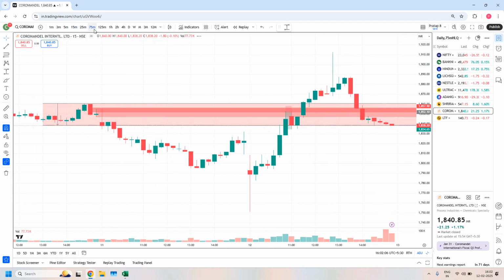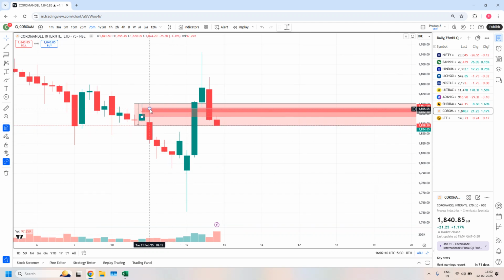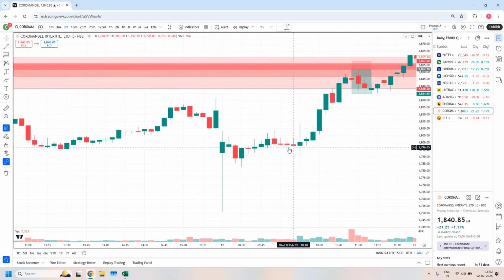Sorry, 15 minutes, 75. See, this entire 75 drop candle again picked up the orders from this 5 minutes horizon. That way also we should respect this 5 minute zone. That means it could be a good zone for us to trade.